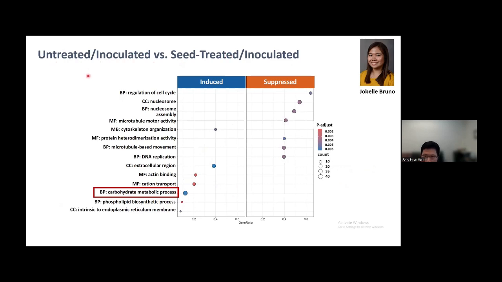Because both of them show the disease, but the treated plants show less disease, and why do those plants show less disease?